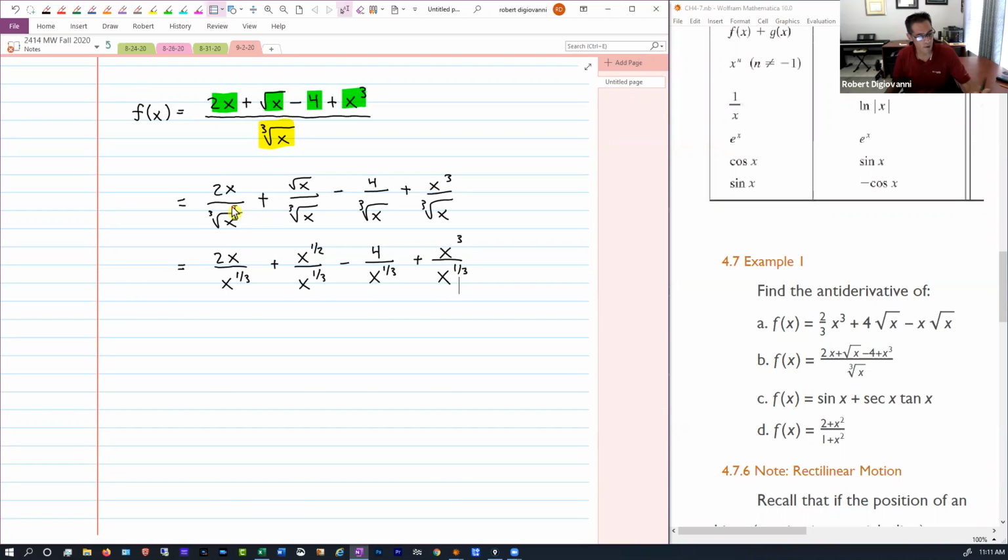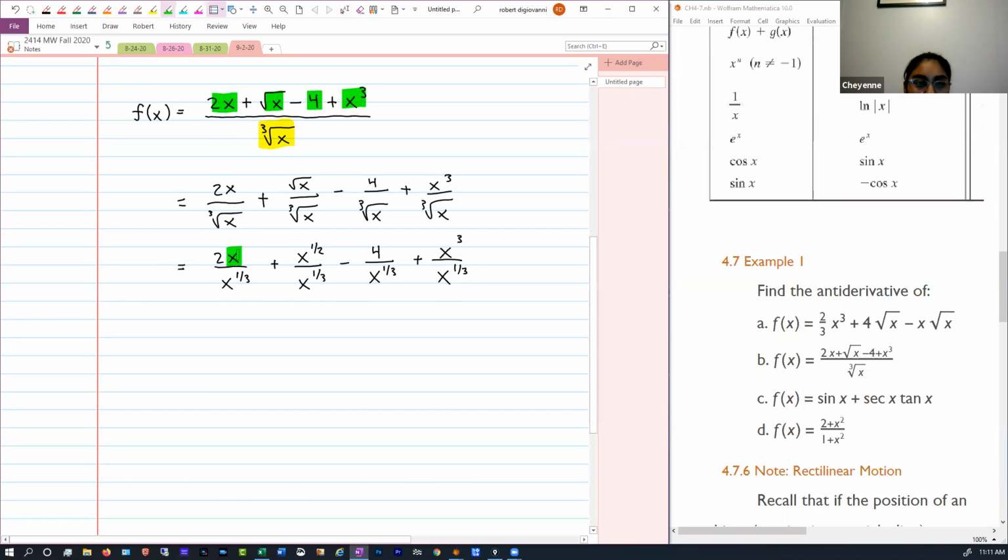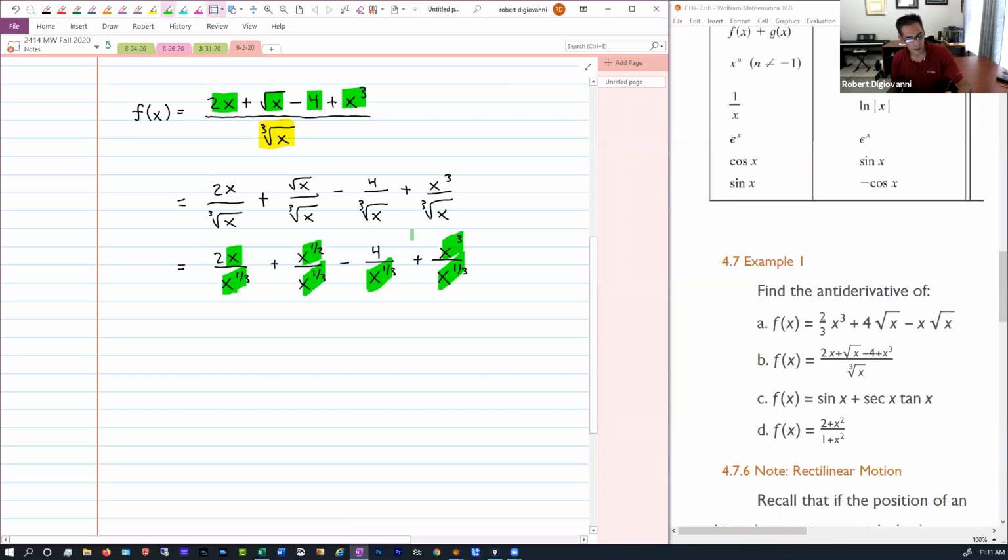So I'm going to now combine these x's together, those x's together, those x's together. This x, I'm going to move up to the top. This is just algebra. I have to use some properties here: when you have x to a power divided by x to another power, you subtract the powers.